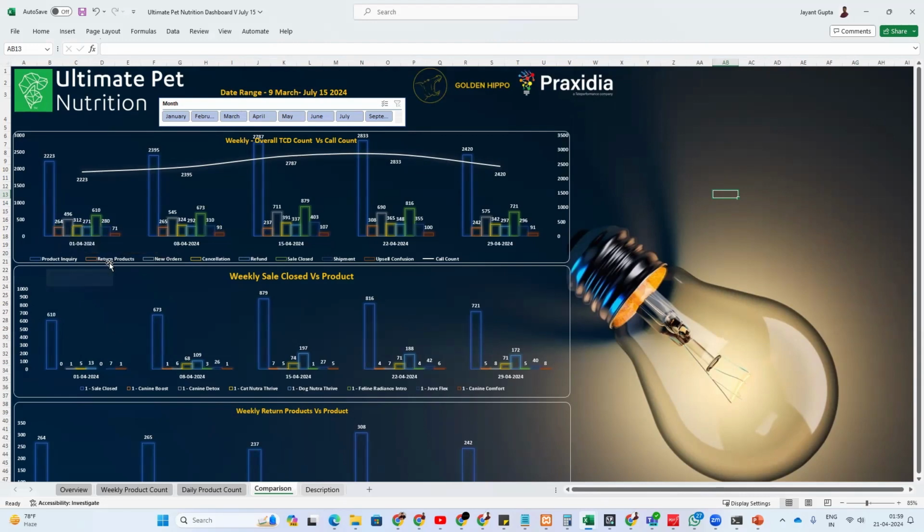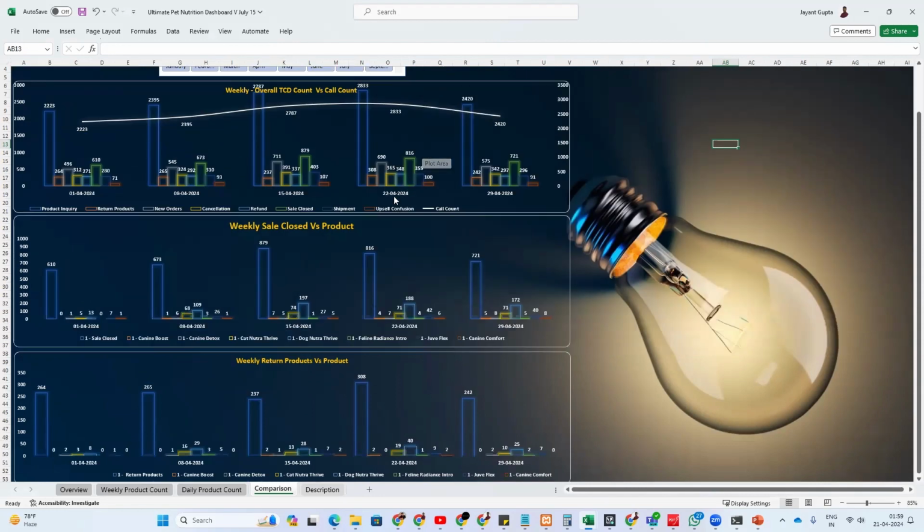As you can see, product inquiry, return products, new orders, cancellation, refund, sale close, shipment, upsell confusion. And this line is showcasing the total count of calls each week. And the call count for each of these top call drivers.